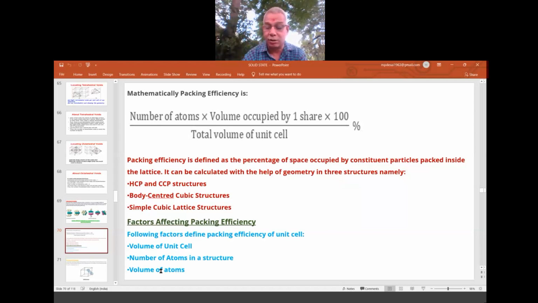We don't learn all the packing efficiencies. We learn only the packing efficiency of certain structures, especially SCP, CCP, and the body centered cubic structure or simple cubic lattice. These three we learn, how closely they pack.